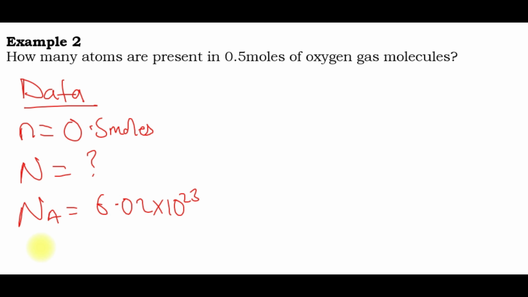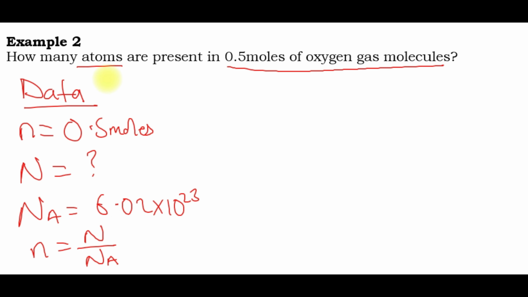Okay, formula, number of moles is equal to the number of particles over the Avogadro's number. Okay, so what do we need to do so that we can find the number of atoms in 0.5 moles of oxygen molecules? So what we're trying to do here is first, we're trying to solve the number of molecules that are present in 0.5 moles.